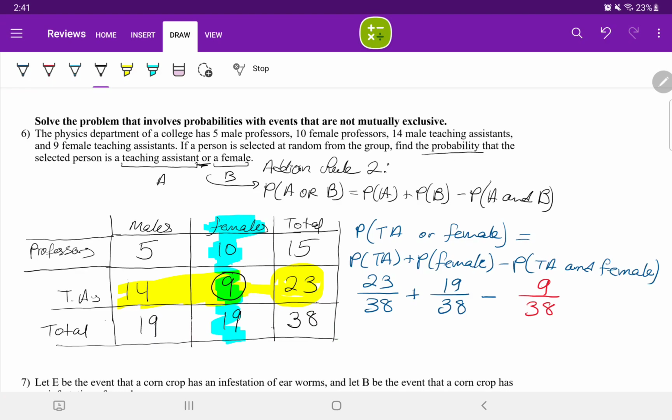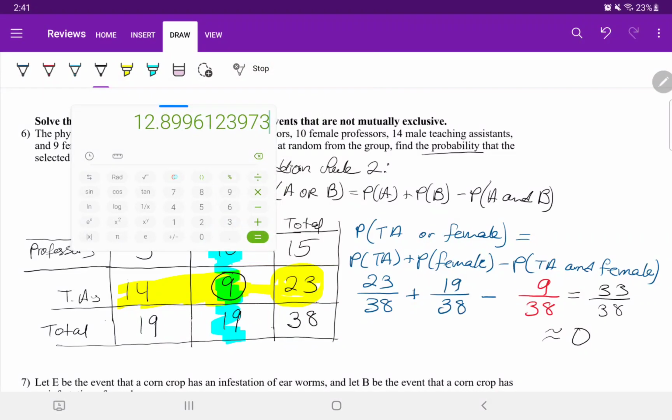And then we do the mathematics. 23 plus 19 is going to be 42. 42 minus 9 is 33. That is 33 out of 38. Let's divide that and get, we'll say 2 numbers after the decimal.